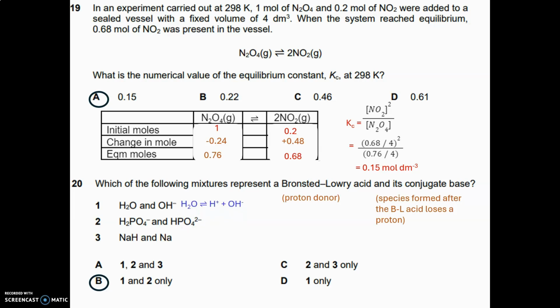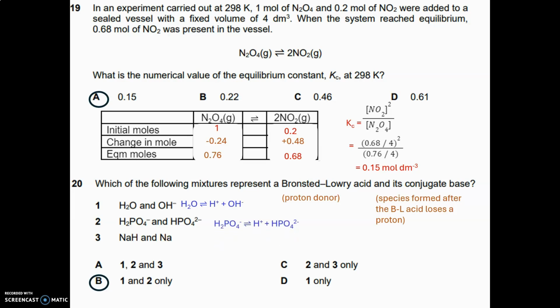So for example, we know that water, H2O, when it undergoes autoionization, produces H plus and OH minus. So this tells us that when water acts as a Bronsted-Lowry acid, the conjugate base left behind is the OH minus ion, which means that for number 1, it is a mixture of a Bronsted-Lowry acid and its conjugate base.